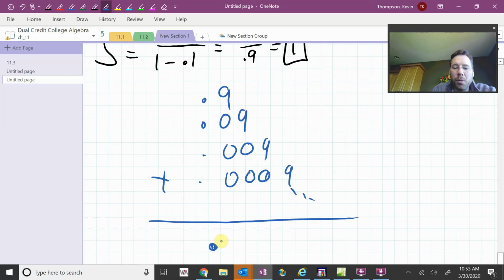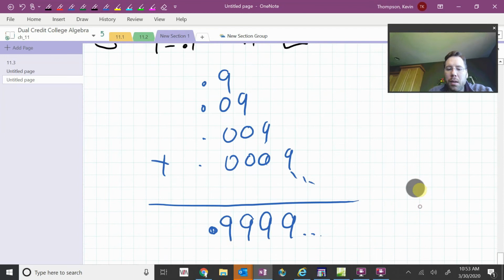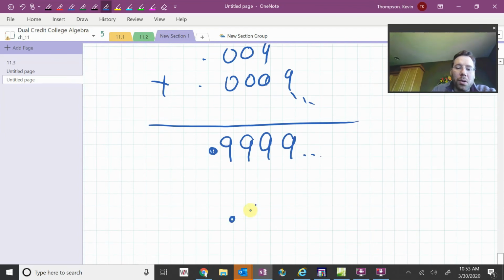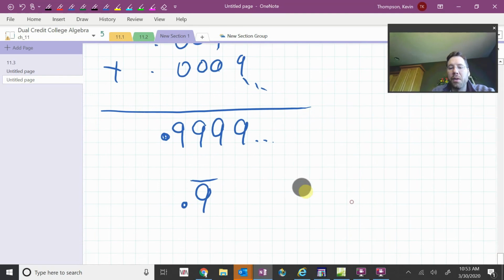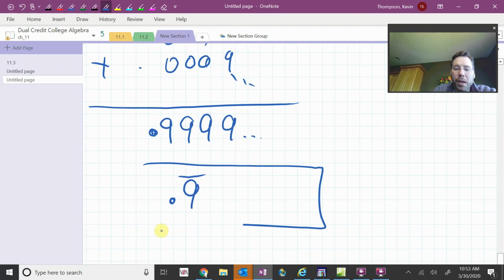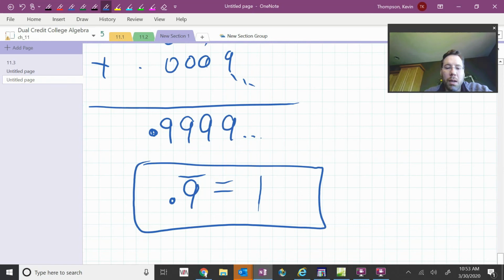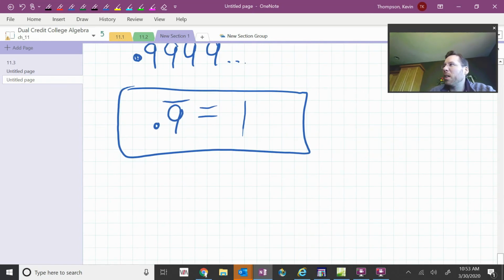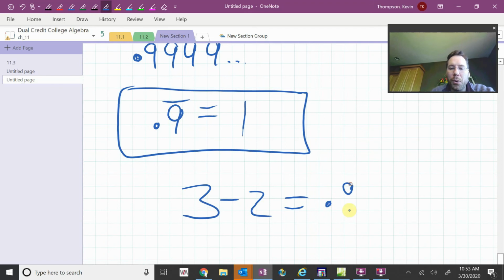Do you notice the number we have is 0.999... In other words, 0.9 repeating, which means, so this is true, 0.9 repeating is another way to write the number 1. It's perfectly valid to say this, 3 minus 2 equals 0.9 repeating.